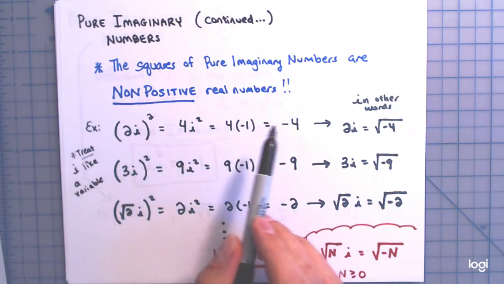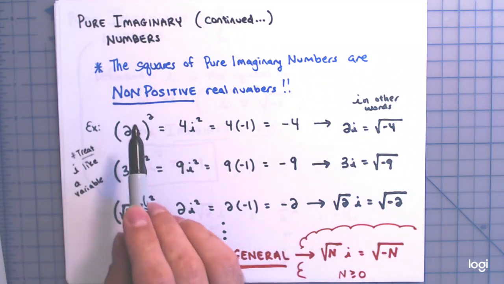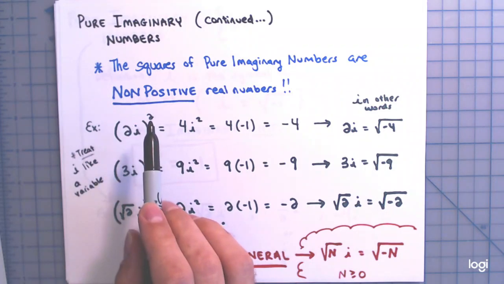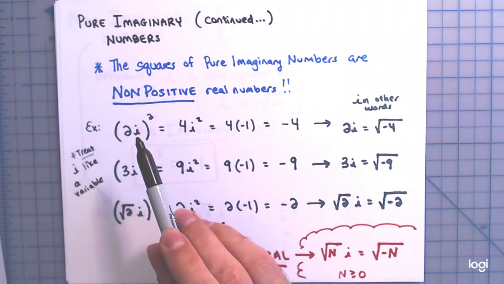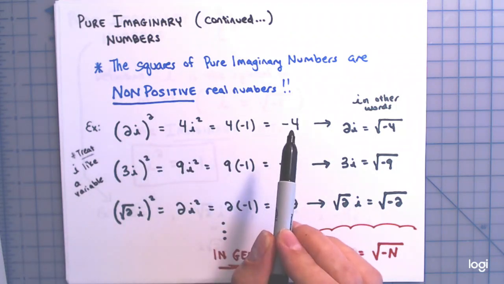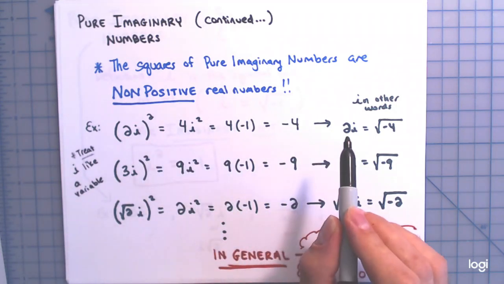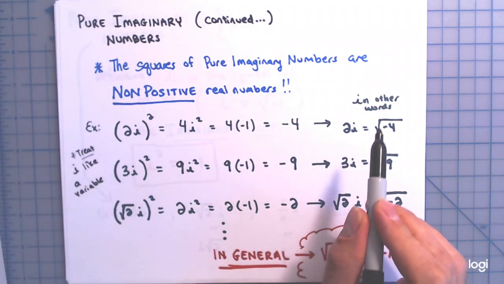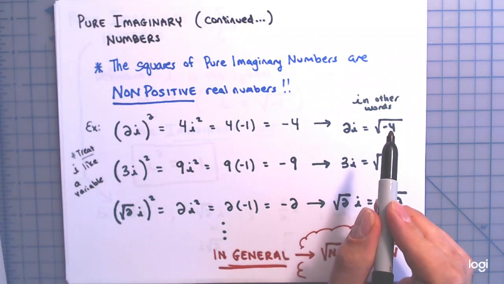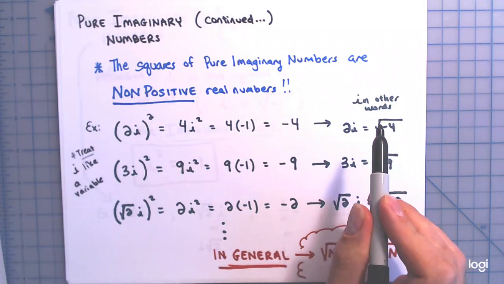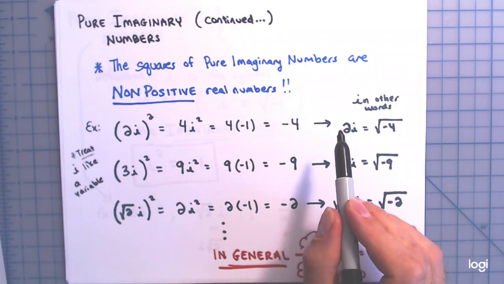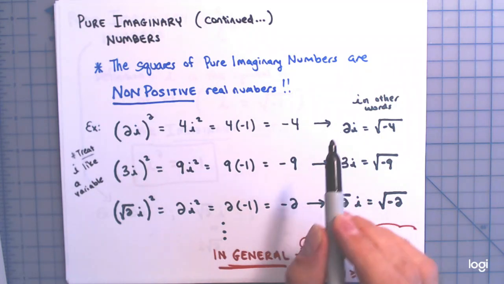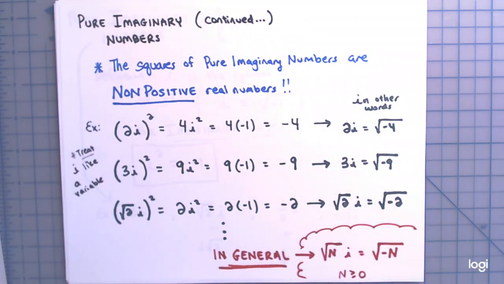Now, going through this statement here, saying that the number 2i squared is negative 4 is another way of saying that 2i is a square root of negative 4. All right, remember this symbol meant the principal square root, so if you double check, you can see that if I took negative 2i times negative 2i, that would also be negative 4.